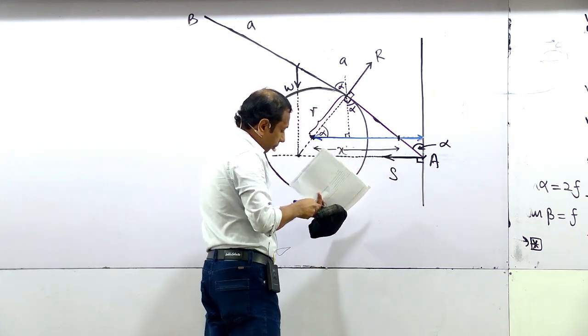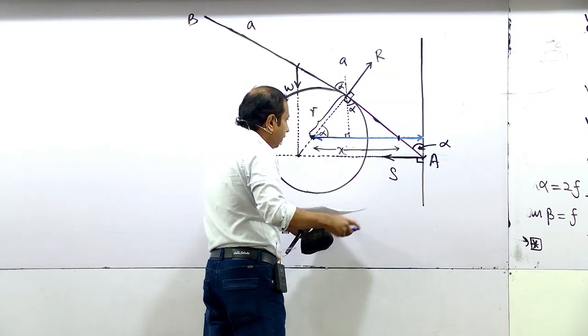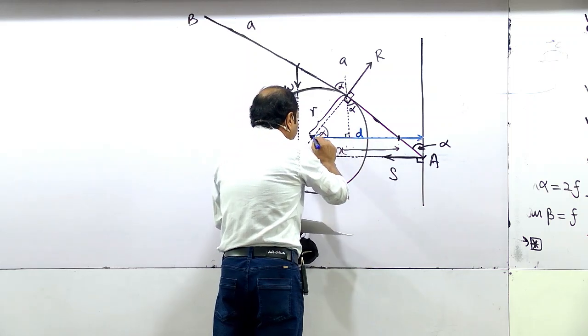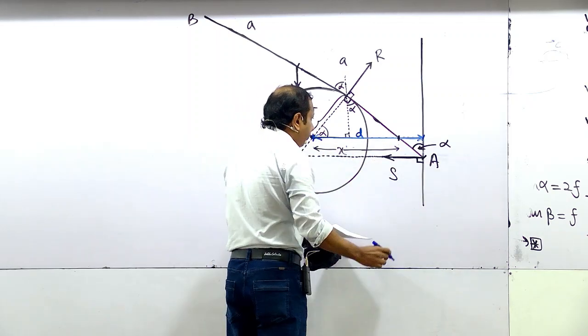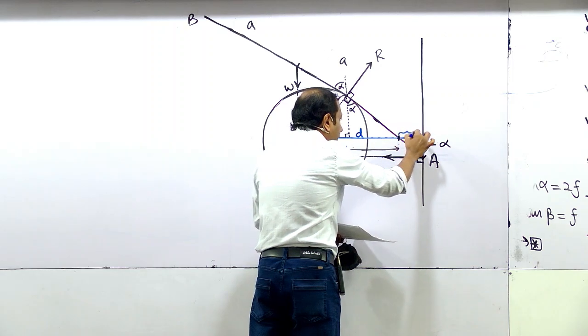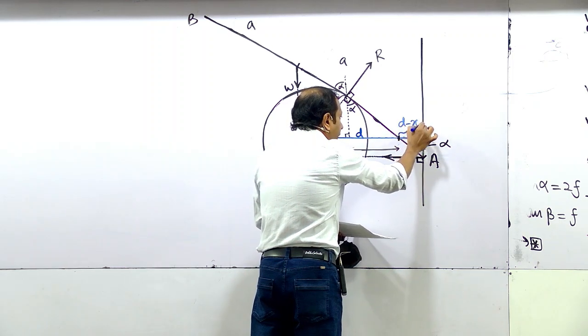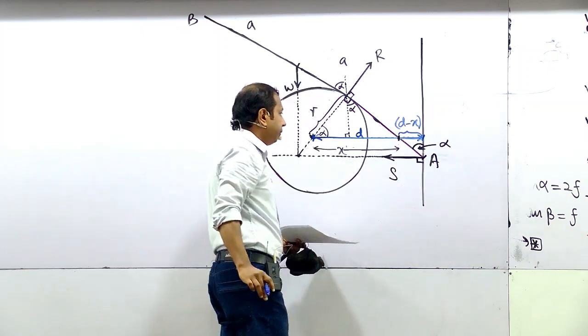This blue length is d. From here to here, it's d. From here to here, it's x. Then this is going to be d minus x.